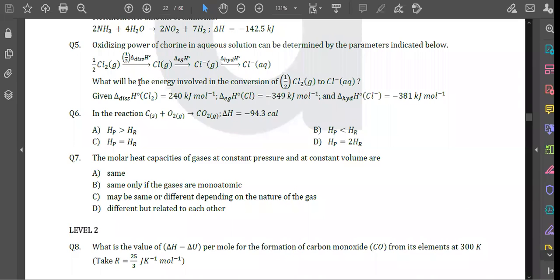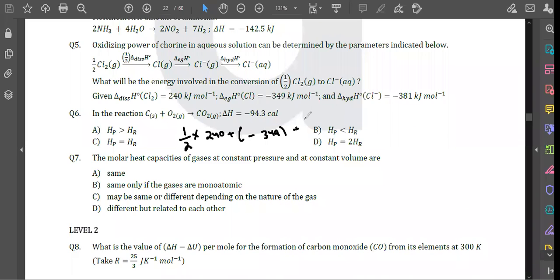Since it is half mole, it is half into dissociation energy, which is 240 plus. Now since Cl is 1 mole only, minus 349, because everything is in kilojoule.